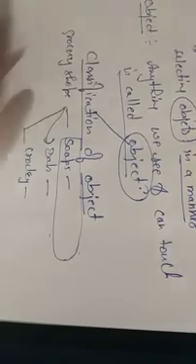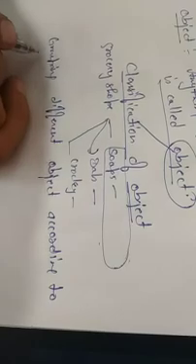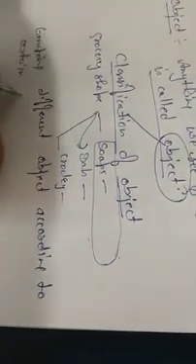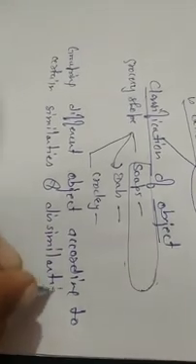Grouping different objects according to certain similarities and dissimilarities is called classification.